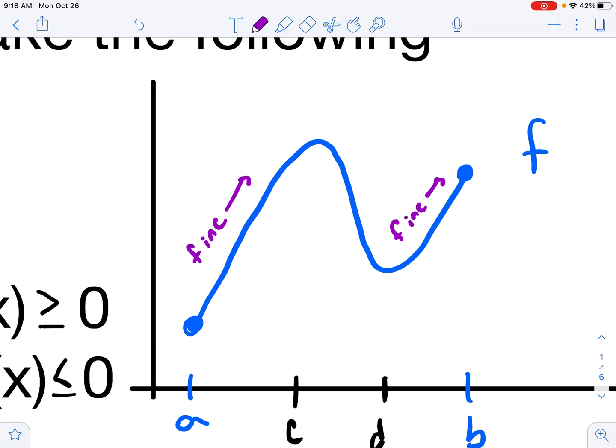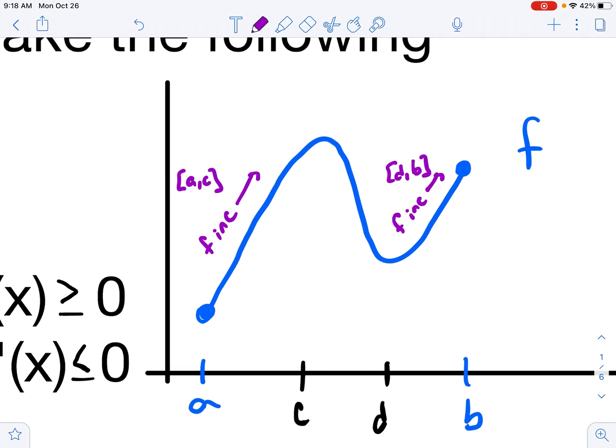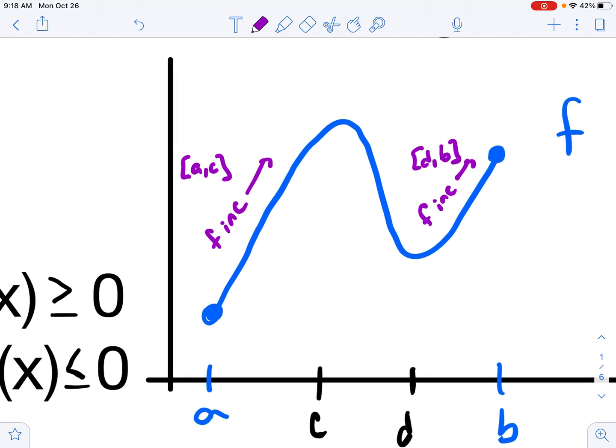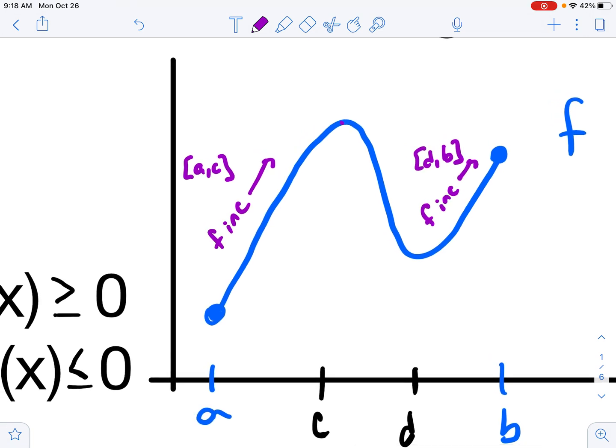We would say basically the closed interval from A to C, the closed interval from D to B. Those are the x values. From A to C, we're going up, and from D to B, we're going up. That's where the slope is positive or equal to 0.